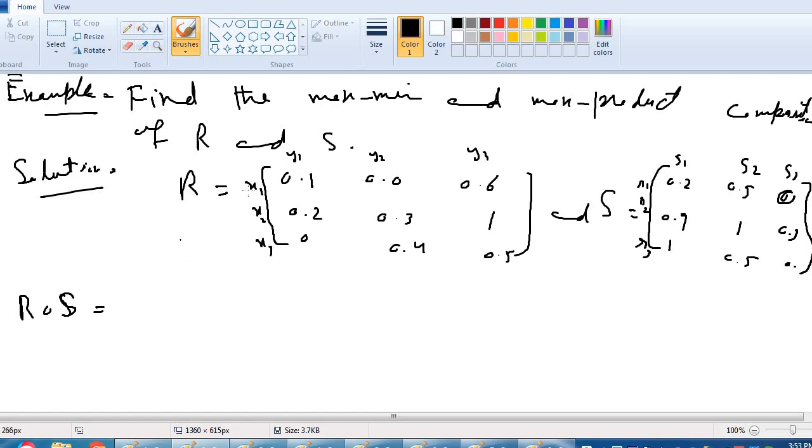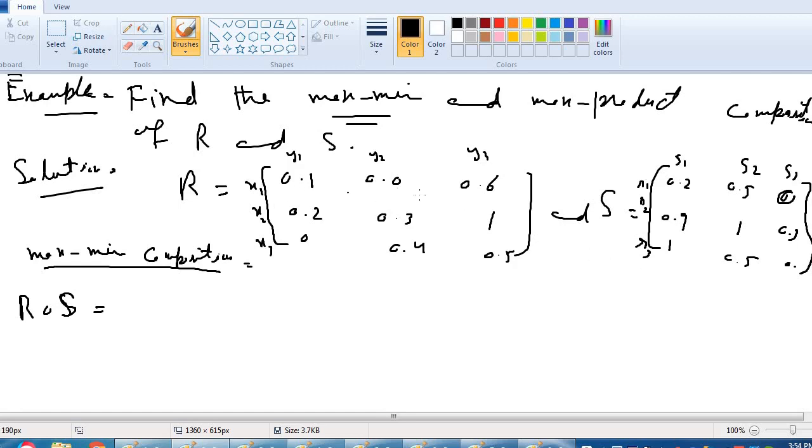Okay, so we are dealing here with max min composition. We are solving it for max min composition. R circle S means, as in multiplication of matrices, we take the first row and multiply it with the first column of the second matrix.